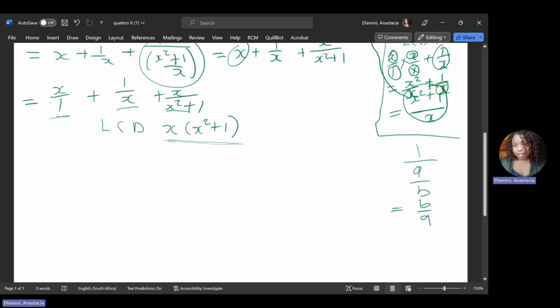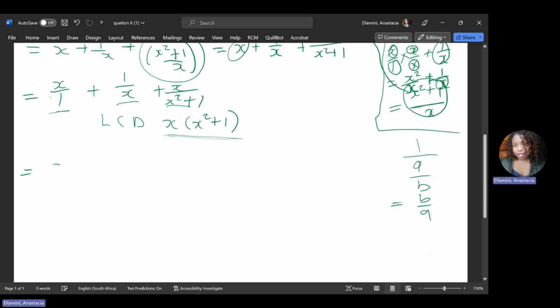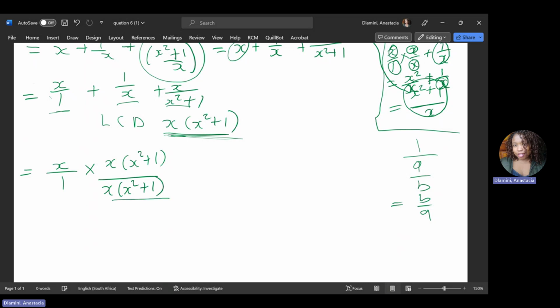How do we do that? For the first term, we have x over 1. We want the denominator to look like the LCD, so we multiply by x times x squared plus 1 over x times x squared plus 1, because then we'll have a denominator of x times x squared plus 1.